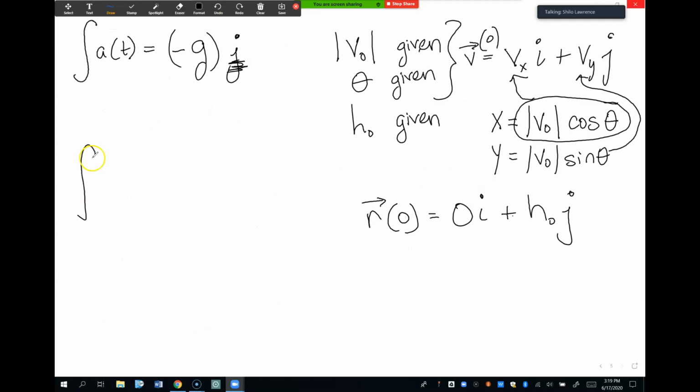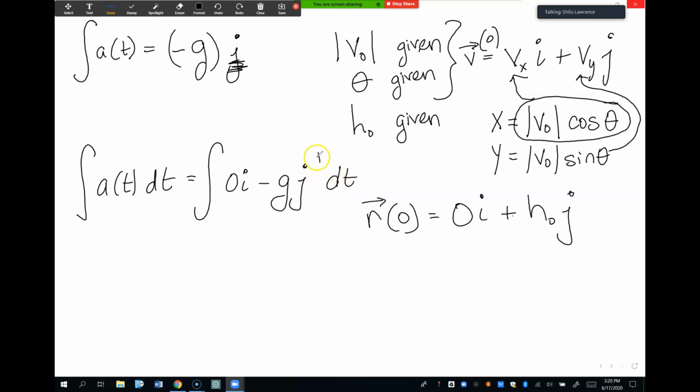So I want to integrate my acceleration function with respect to t, which means I want to integrate 0i minus gj with respect to t. The i and the j are there just because this is a vector valued function.